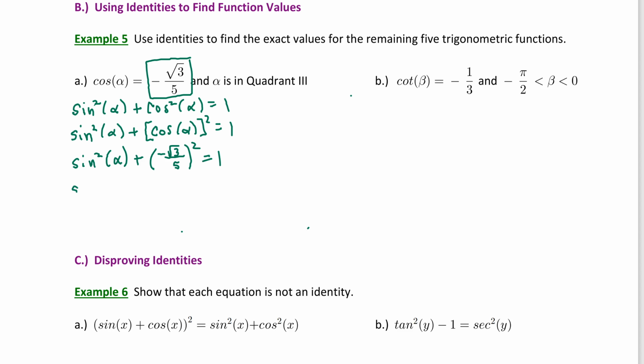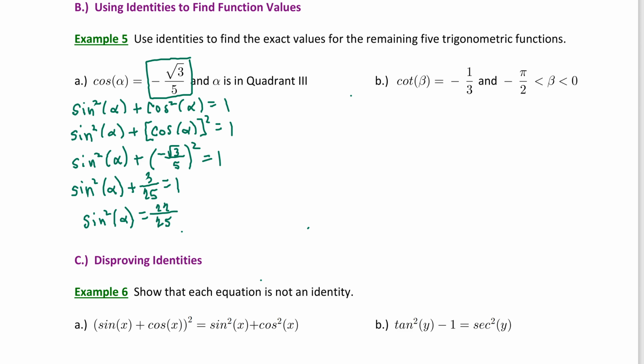Now, from this equation, we can solve for sine of alpha. We'll begin by squaring. The negative square root of 3 squared is 3. 5 squared is 25. We'll subtract 3 over 25 from both sides. So I'm thinking 25 over 25 minus 3 over 25. That gives me 22 over 25.